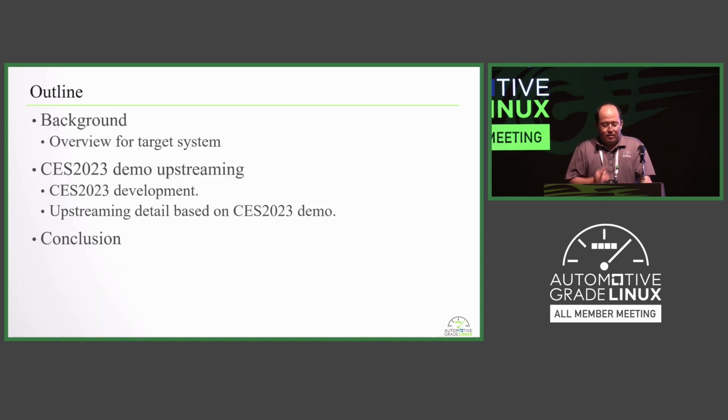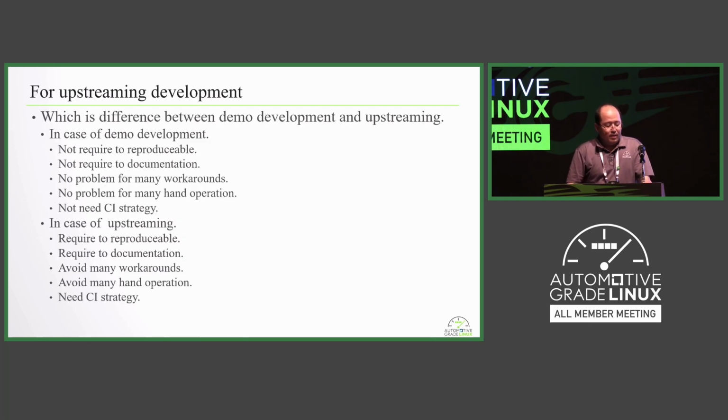The next topic is upstreaming detail. For upstreaming development, what is the difference between demo development and upstreaming? In the case of demo development, it is not required to be reproducible, and not required to have documentation. Many workarounds and hand operations are no problem, and there is no need for a CI strategy.